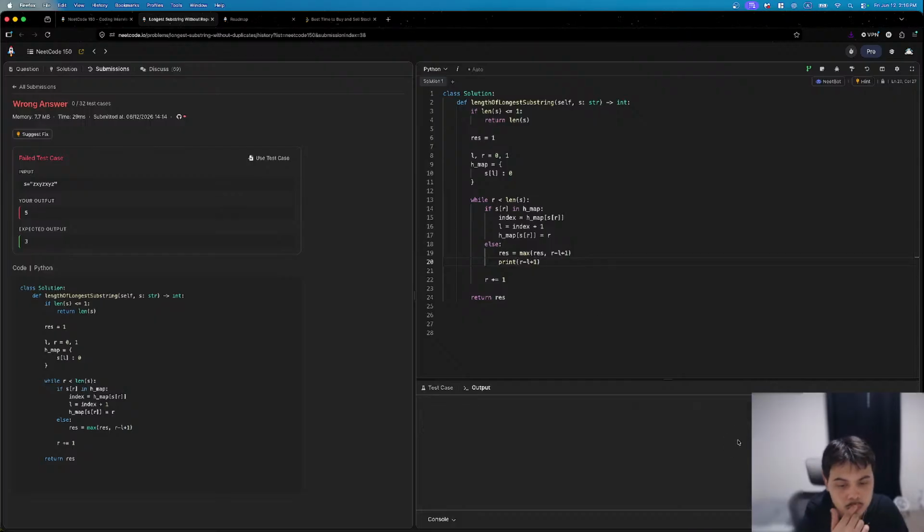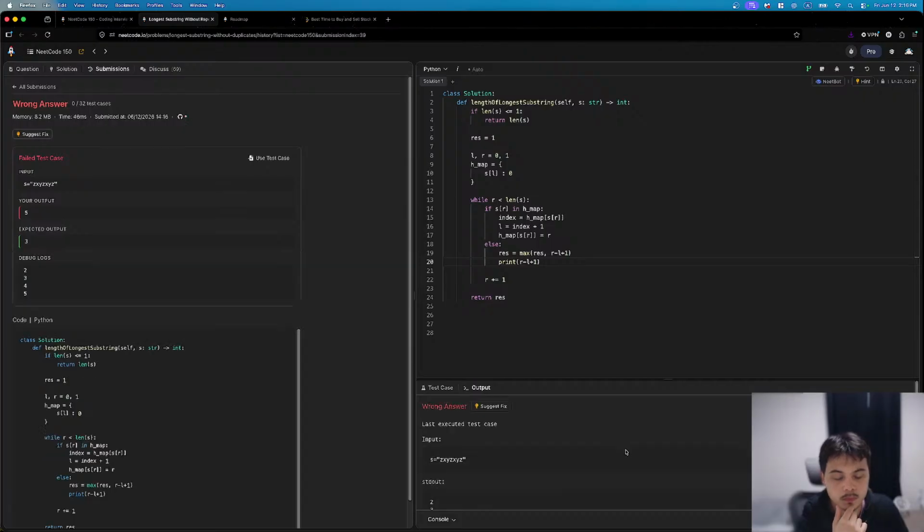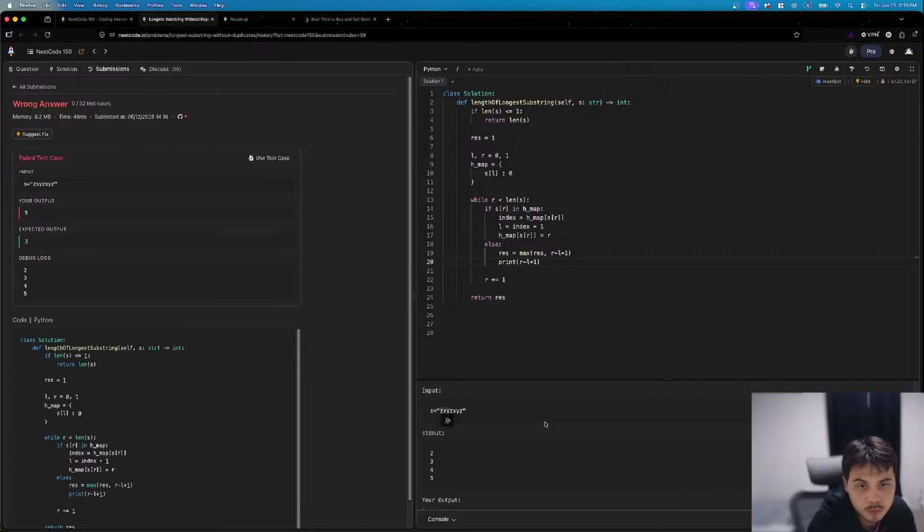Let's see. So it's 2, 3. Index is equal to hash map SR, which would give you this.